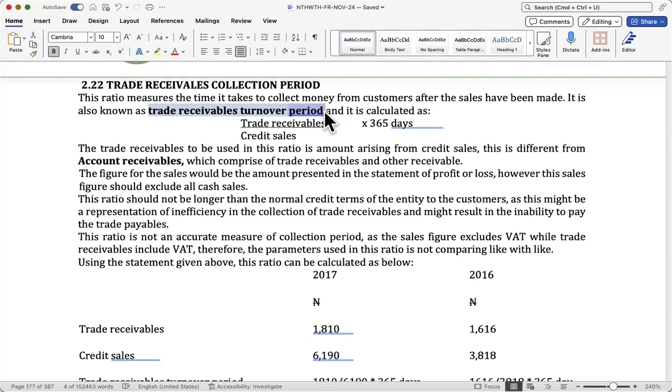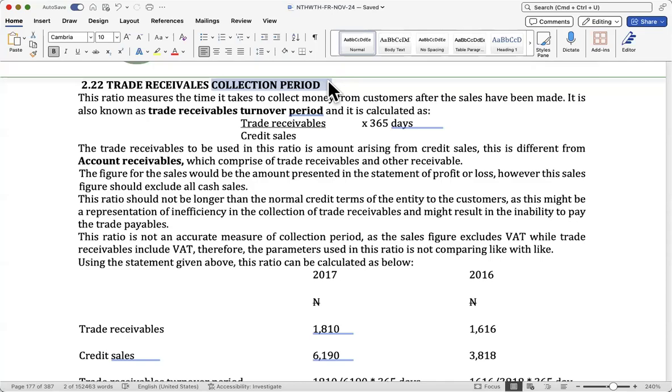I've seen the examiner call it trade receivables in days. They can call it any of them. In fact, I've seen them call it collection period. Whatever it is, look for trade receivables, collection, debtors, and that period or in days would tell you what you need to calculate.